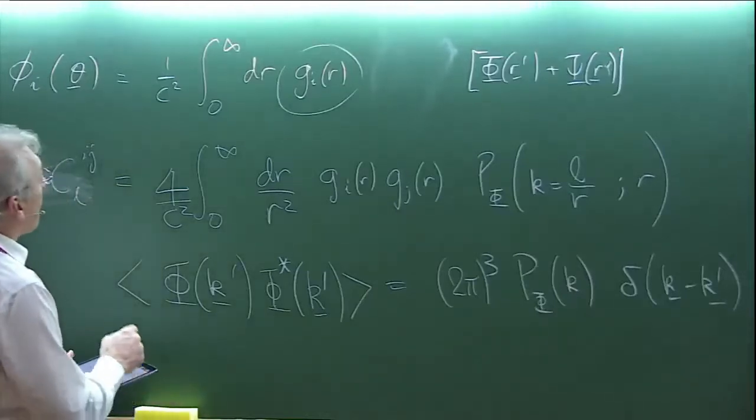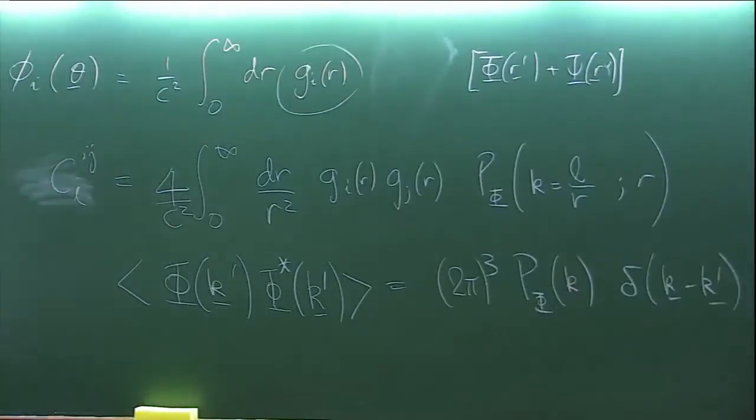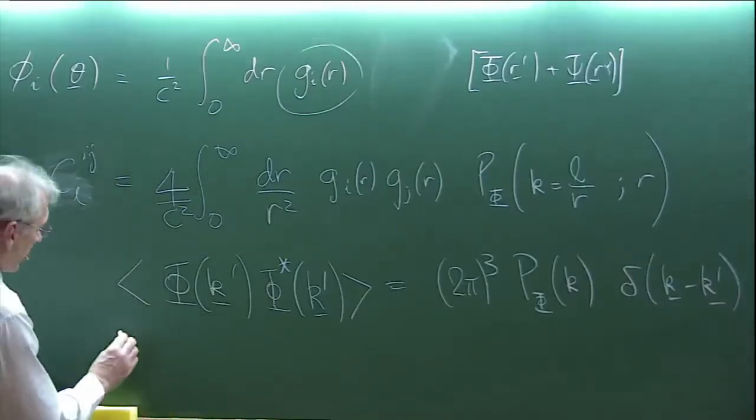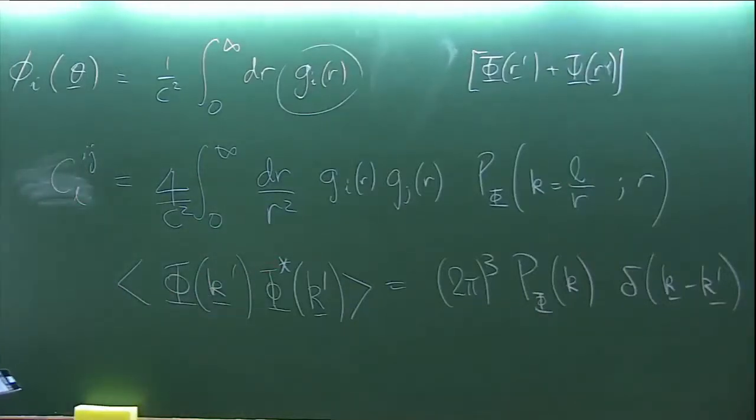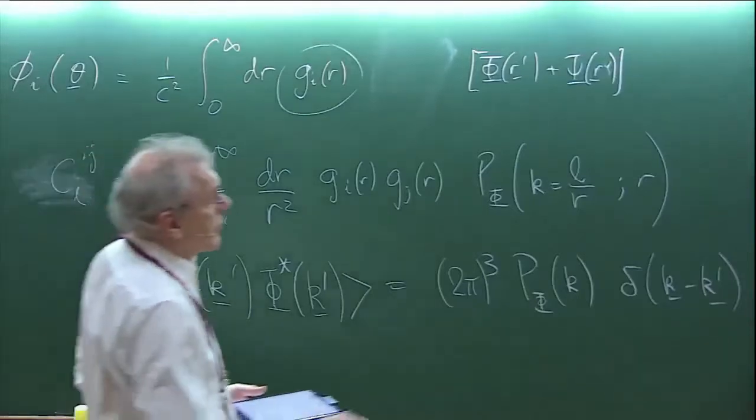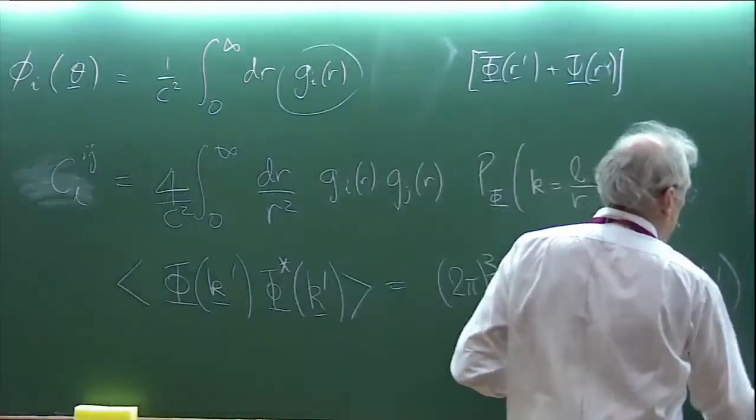Okay, so this I actually defined in terms of a spherical harmonic expansion. You can either do spherical harmonic expansions, or on the flat sky, you can do this in terms of Fourier expansions. So just for simplicity, let me work with a Fourier expansion.